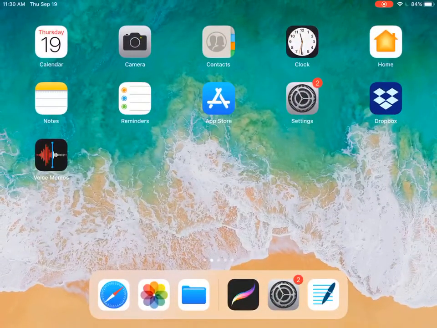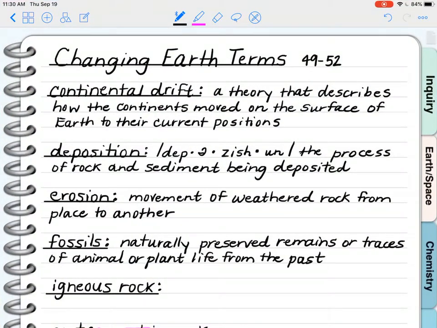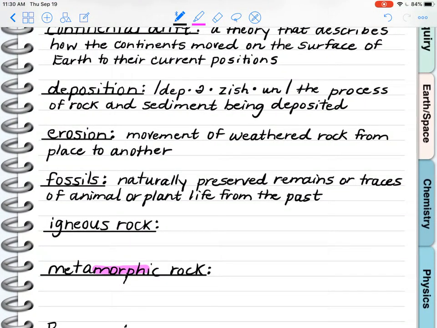Okay, the next term. This is a tough one to pronounce, so let me sound it out for you. This is igneous rock.